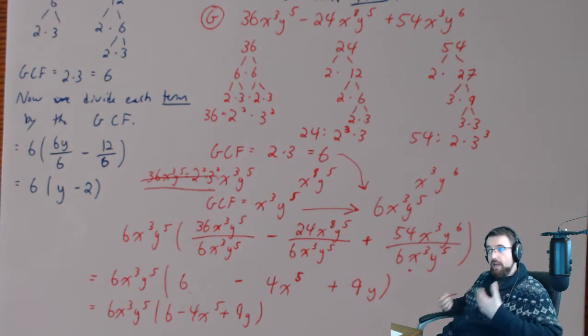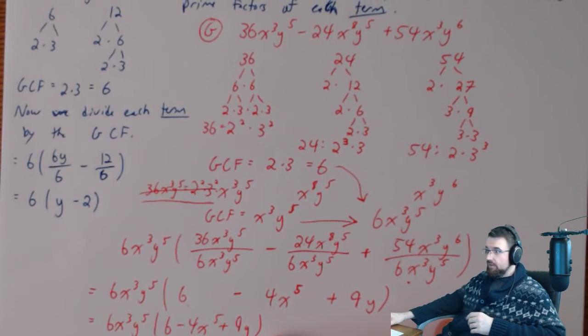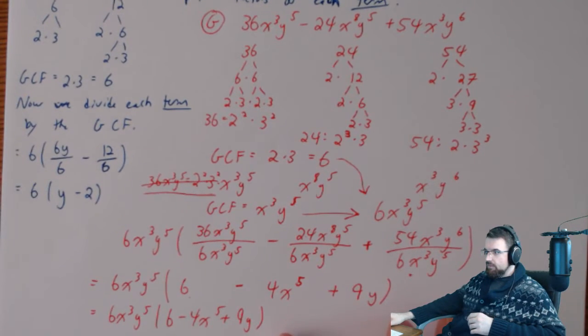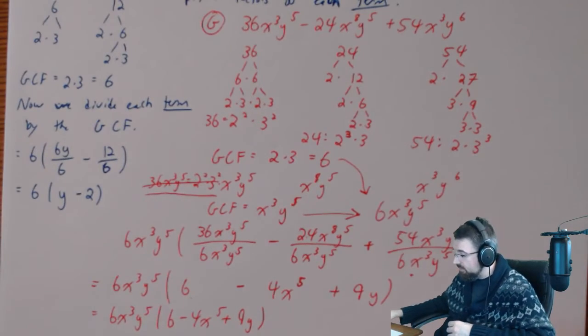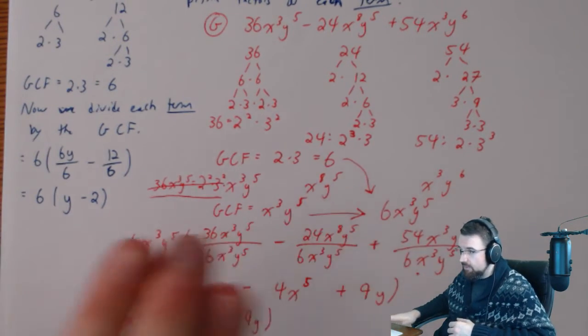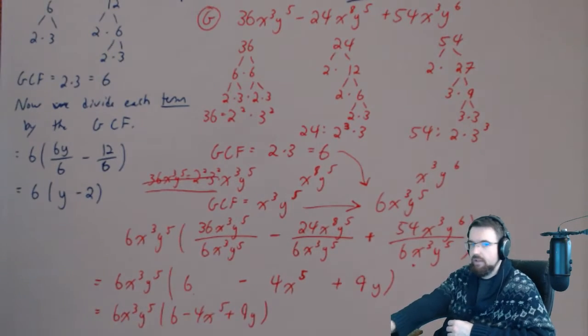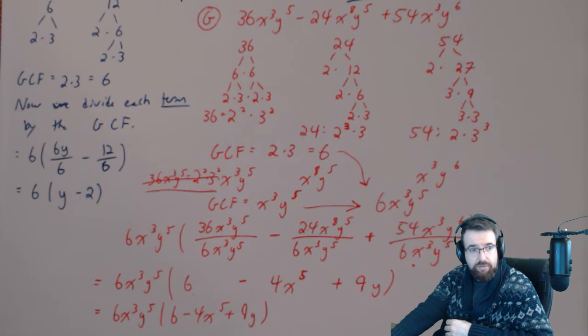It's gotten a little bit more complex in how many different terms, variables and coefficients there are, but the actual math that we're doing is still the same as it ever was for this unit.